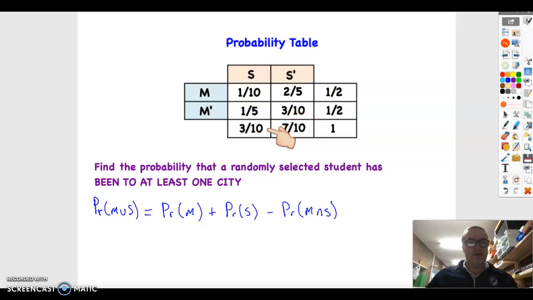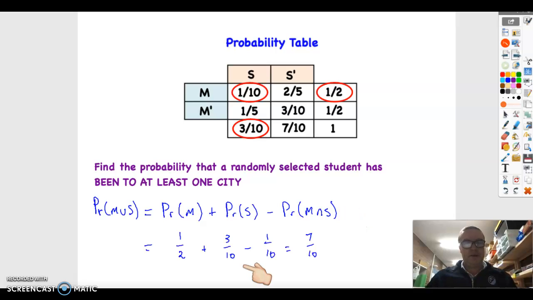But in doing that, we have to recognise that there are some students who have been to both places. So we've counted this probability twice, and so we need to subtract that. So minus the probability of the intersection. And so we get 1/2 plus 3/10, subtract the intersection, which is 1/10, which means that we've got a probability of 7/10.